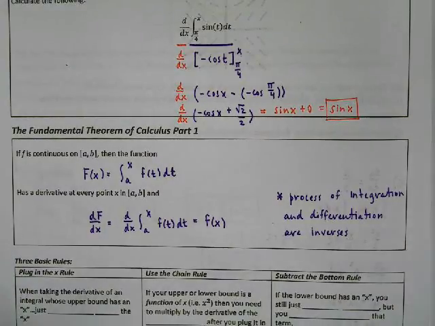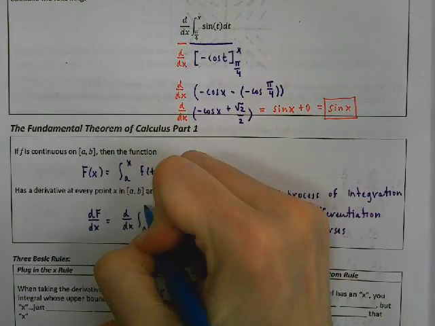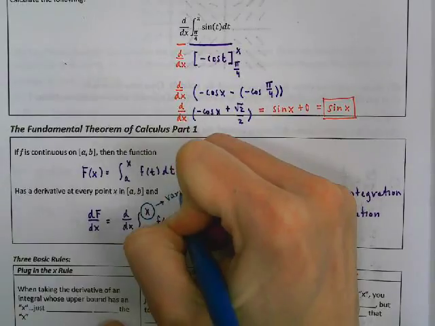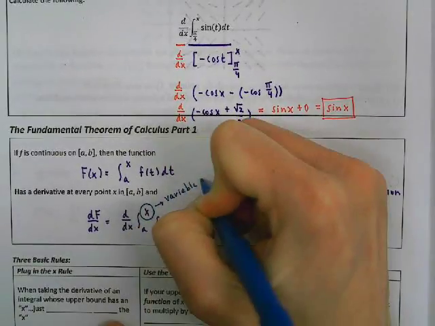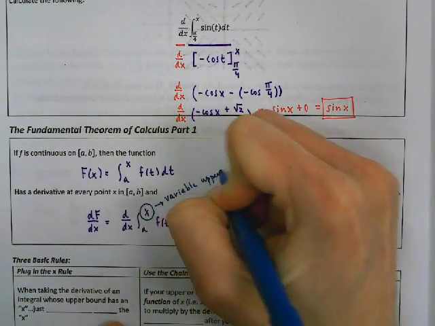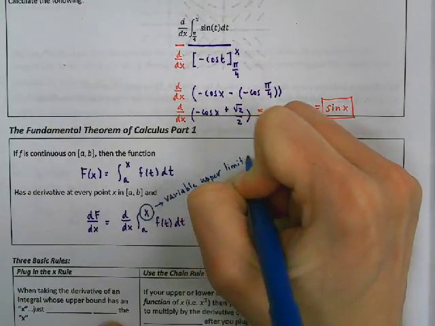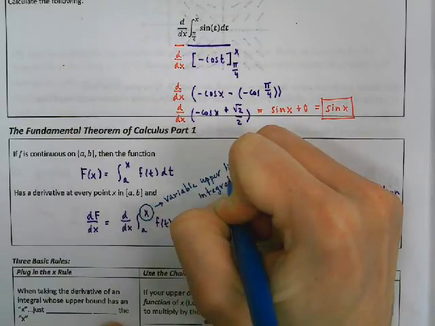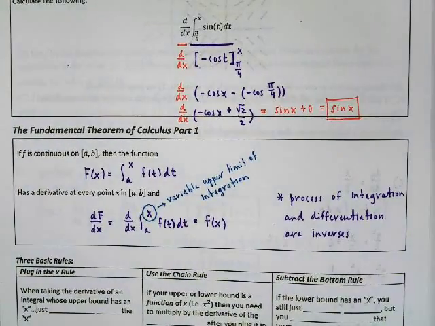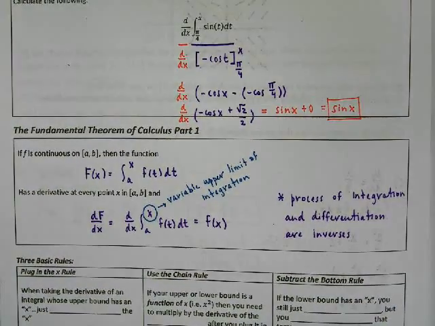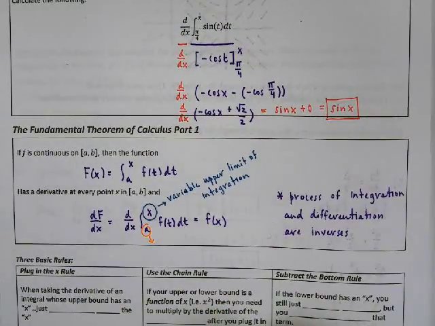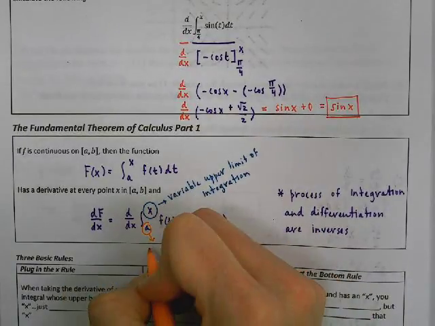Now the thing to notice here is this works only if we have a variable upper limit of integration. My upper limit of integration is a variable, or x, and I have a constant lower limit of integration.